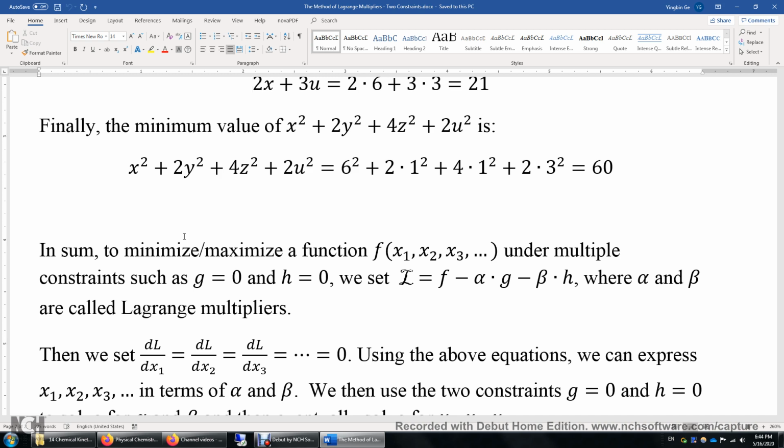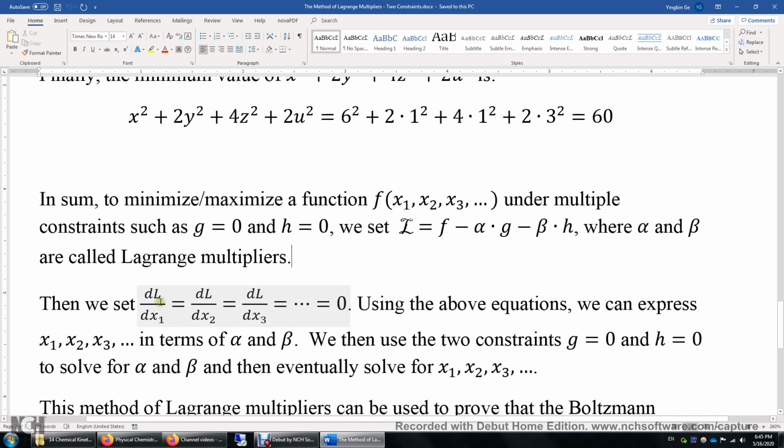Alpha and beta are Lagrange multipliers. g and h are the constraints in the form of an equation being 0. Again, this is to ensure that L is f, regardless of the values of alpha and beta. L is always f. Therefore, we can just minimize L to minimize f.